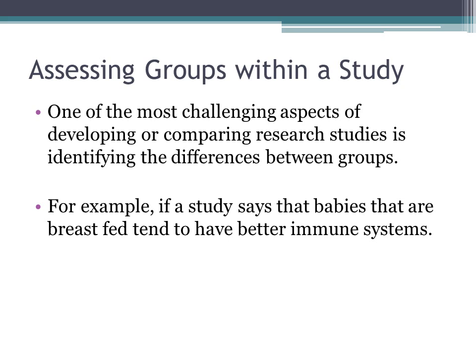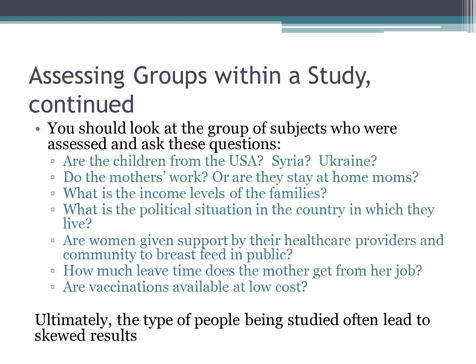One of the most challenging aspects of developing or comparing research studies is identifying the differences between groups. So for example, let's look at a study that says babies that are breastfed tend to have better immune systems. So we should look at the group of subjects who were assessed and ask these questions.